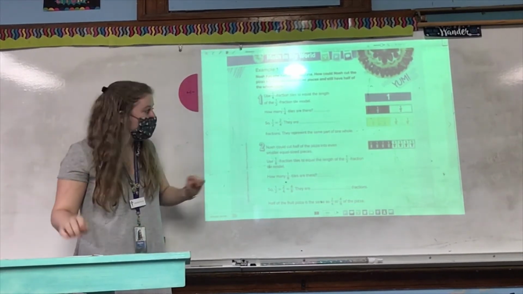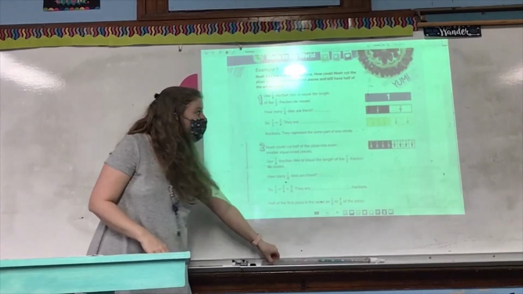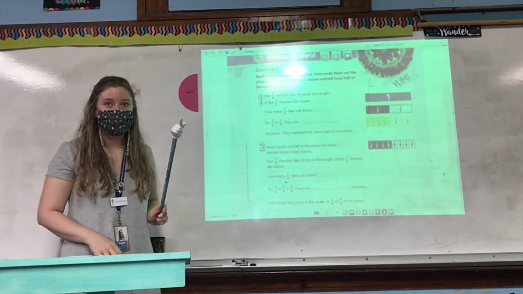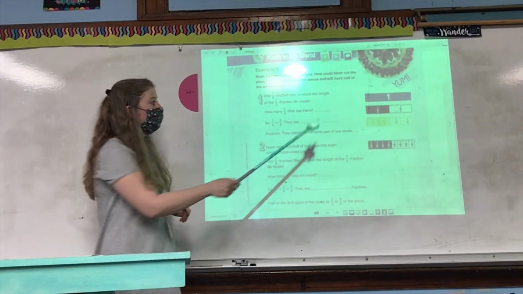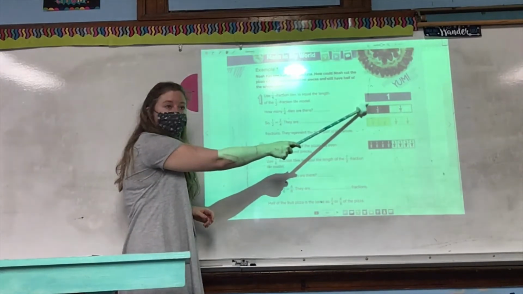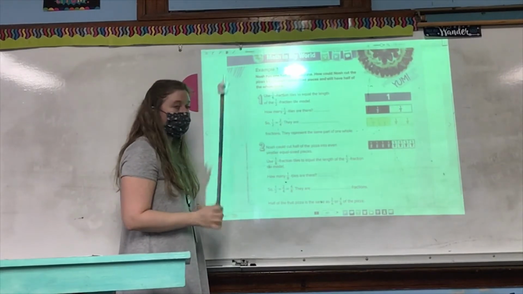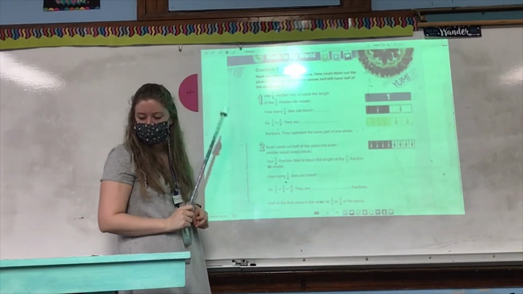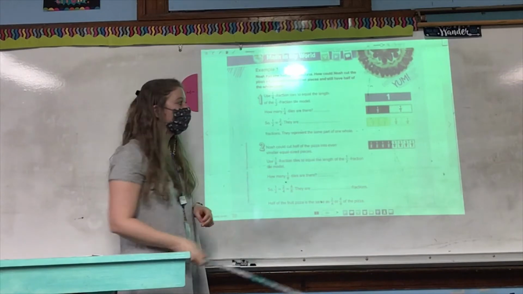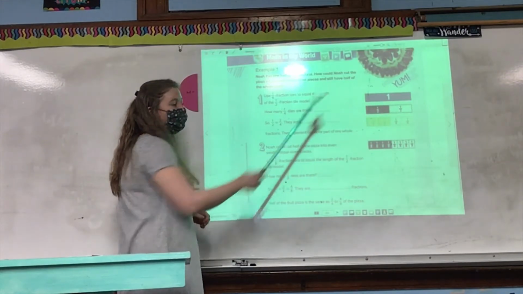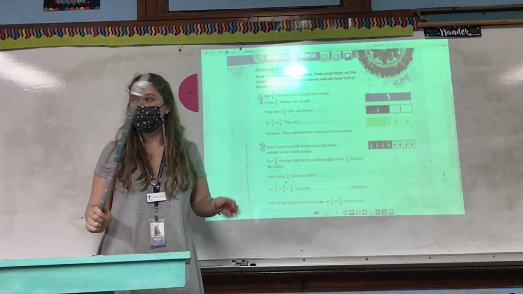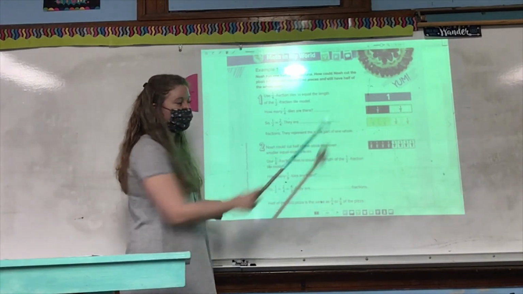So in our example, they have fraction tiles. So here's our whole, one whole fraction tile. Tomorrow, you'll get to use your own. Today, they're mostly going to be drawn for you. But we know, does he have a whole fruit pizza? No. He has half of a fruit pizza.